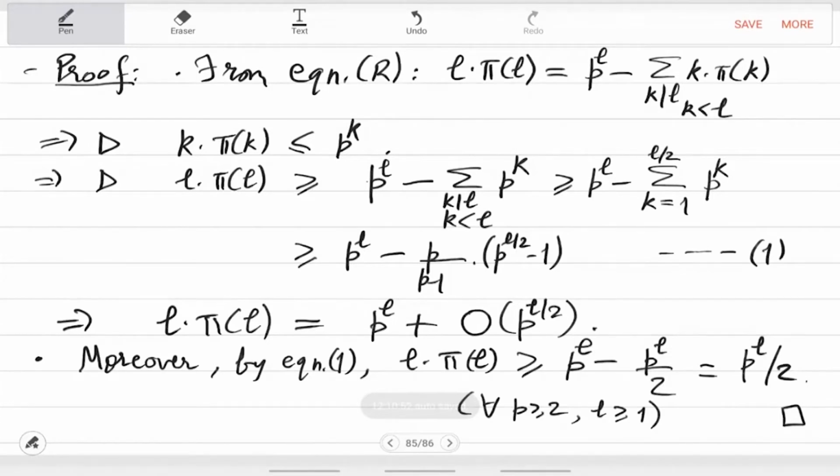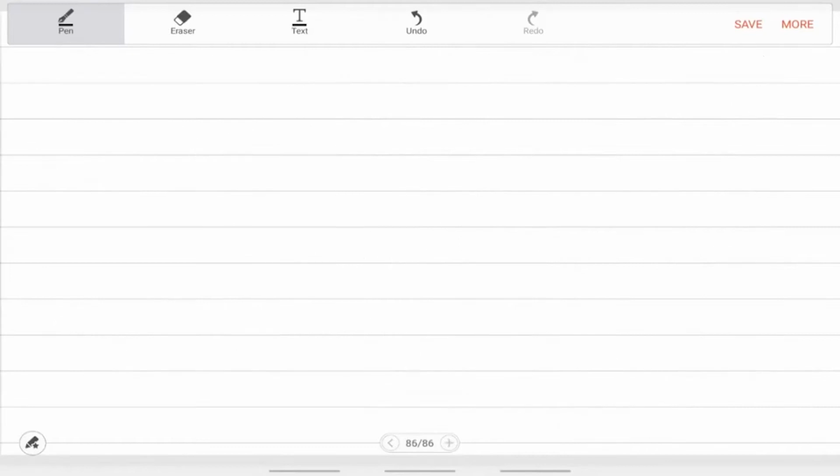But that is fine. So this is a fast algorithm. So in practice, this is what is used.